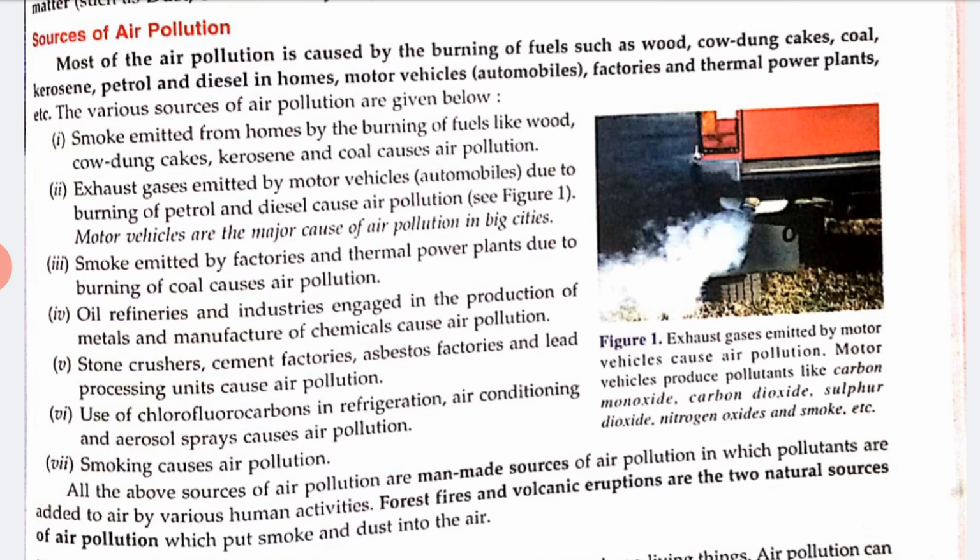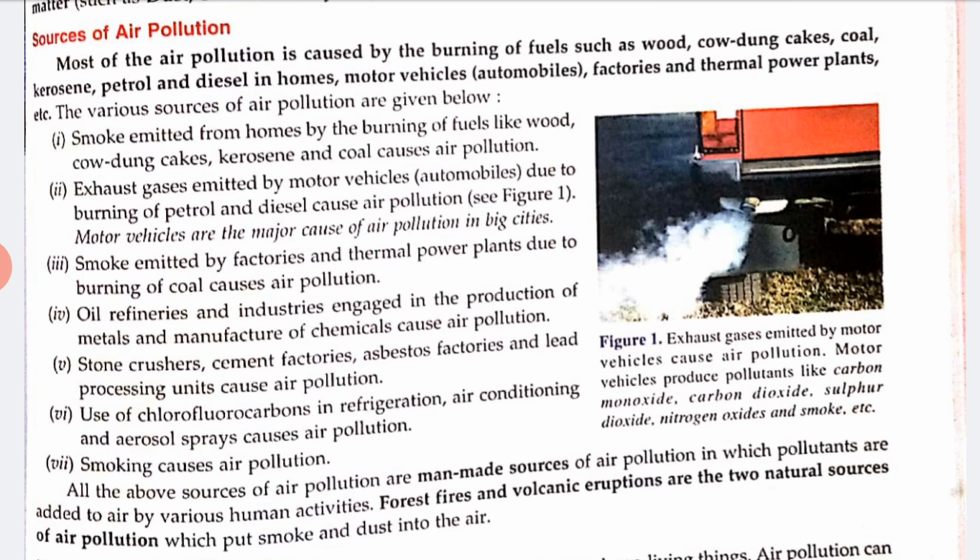Now let's talk about the main sources of air pollution. Smoke emitted from homes by the burning of fuels like wood, cow dung cakes, kerosene and coal causes air pollution, right? Smoke emitted by factories and thermal power plants due to the burning of coal also causes air pollution. Oil refineries and industries engaged in the production of metal and manufacture of chemicals also cause air pollution.